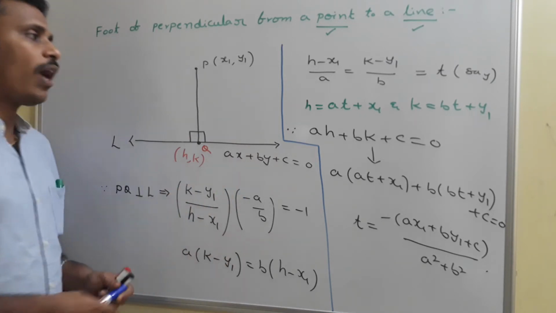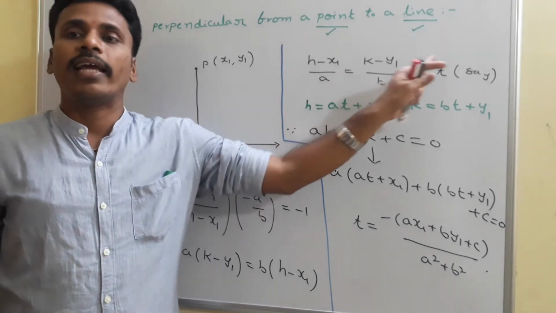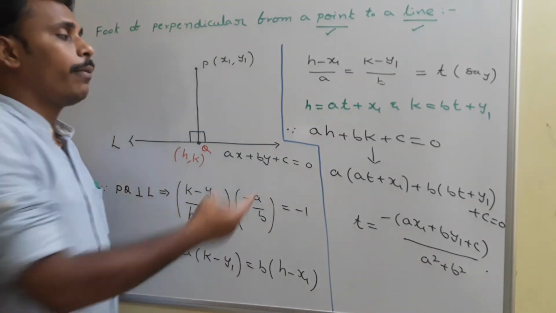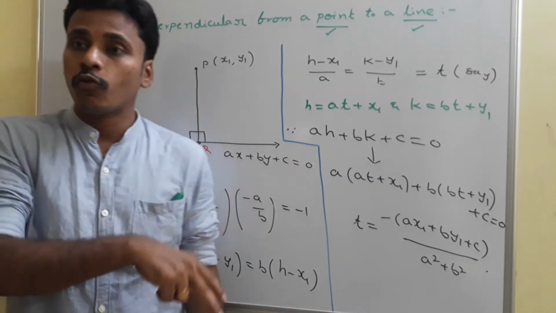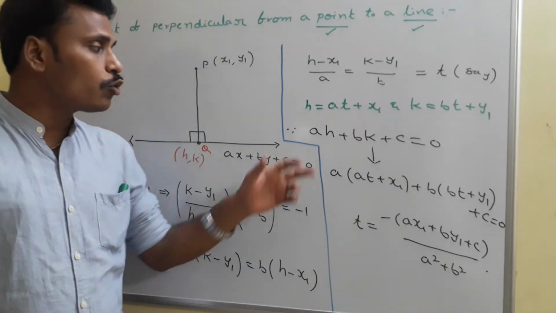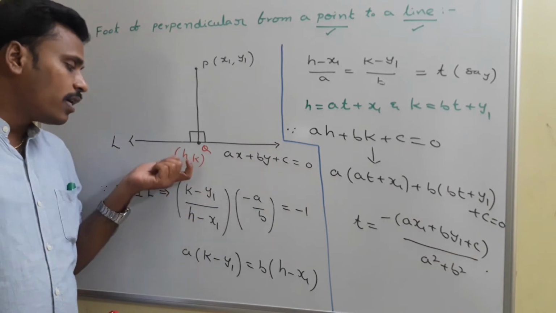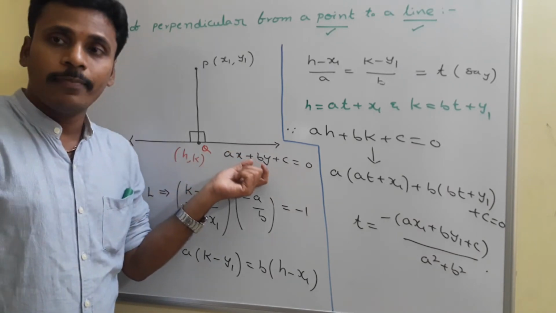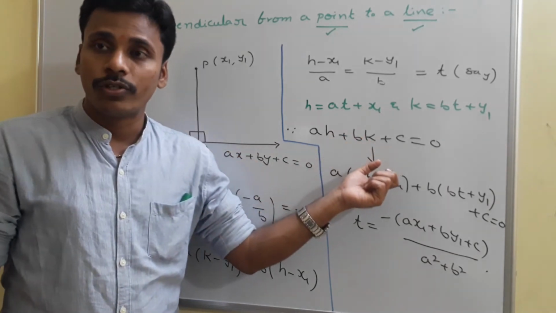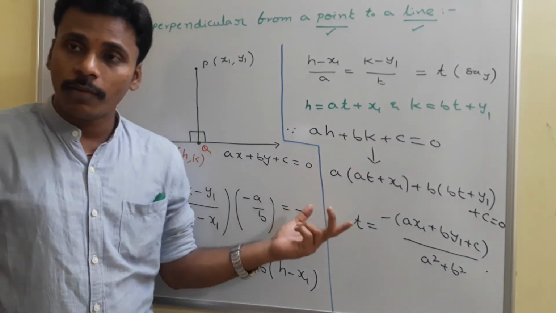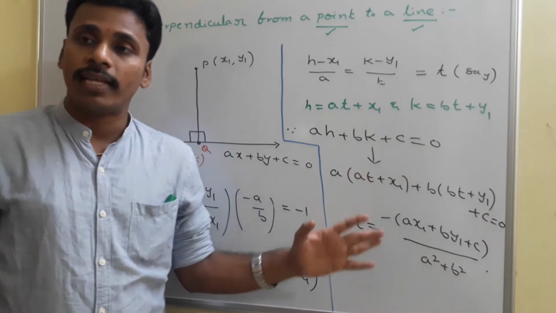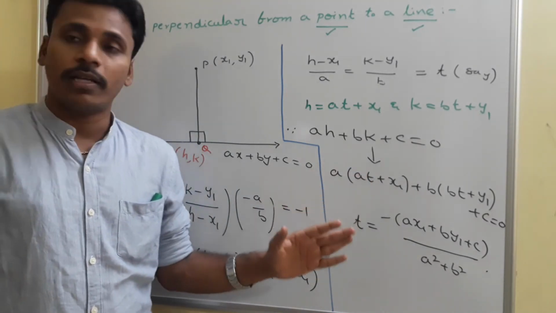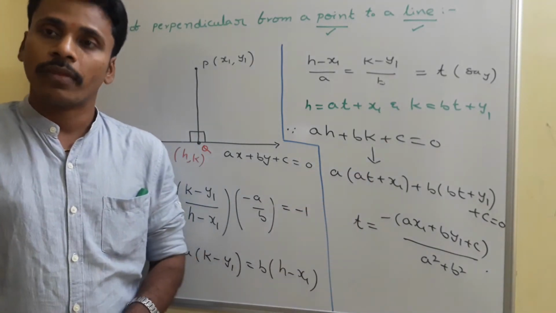So from there you have a relation between these two and take it as t, and then make h comma k the subject in terms of t. And now it is enough to find t. So to find that, use the thing that way. Since h comma k is on the line, ah plus bk plus c is equal to 0. Replace h with at plus x1, k with bt plus y1. At the end t is equal to minus of (ax1 plus by1 plus c) by (a square plus b square).